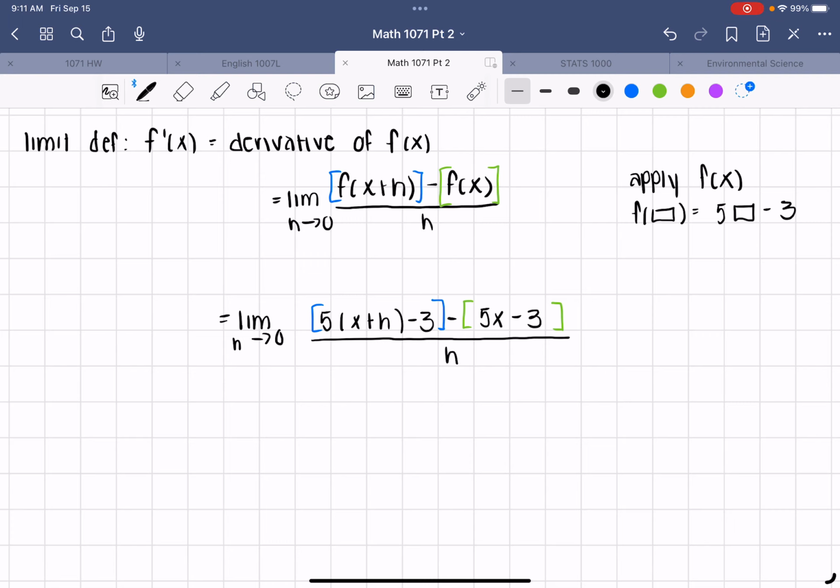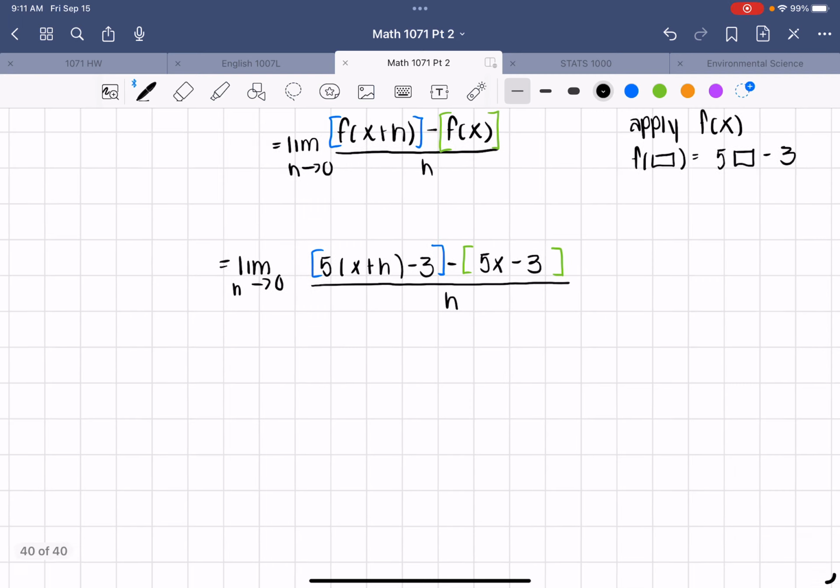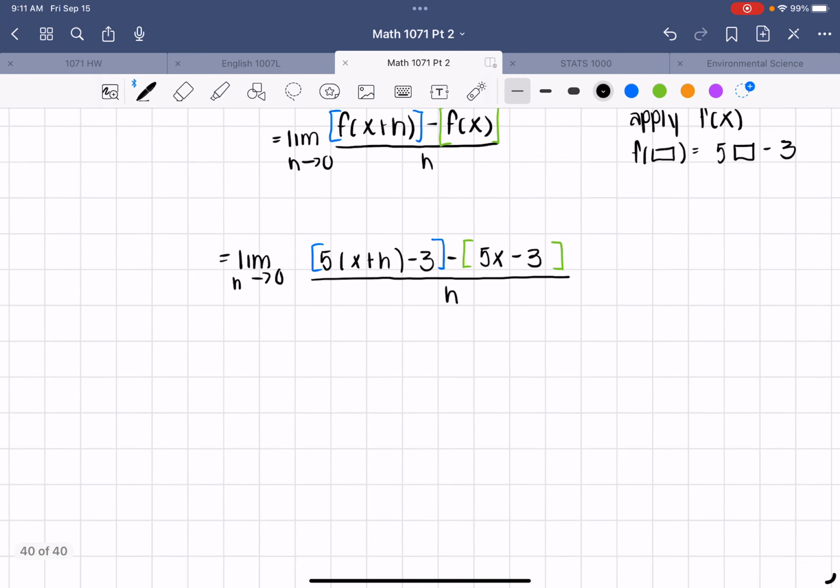Now what you do is simplify the algebra. So this is the limit as h goes to 0 of 5x plus 5h minus 3 minus 5x. And be careful here. Here's a common mistake. You distribute this negative over the green bracket.